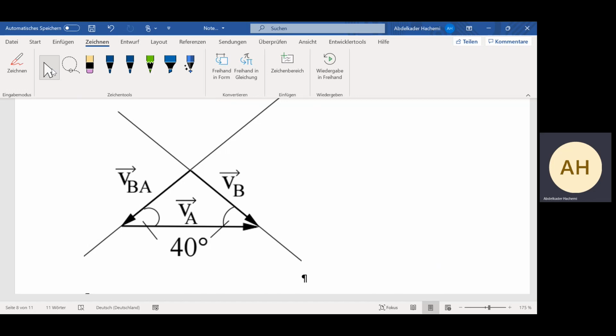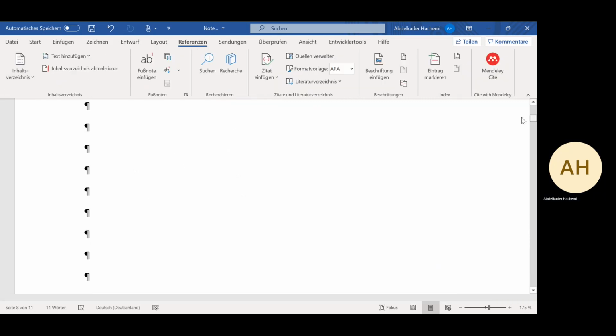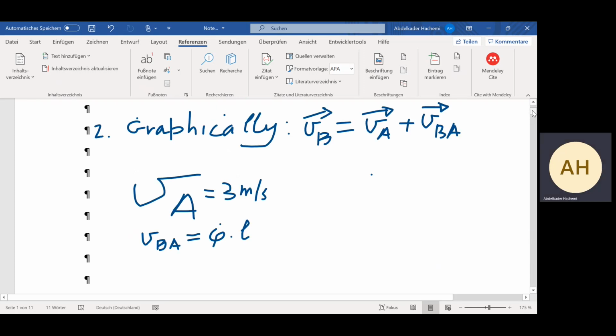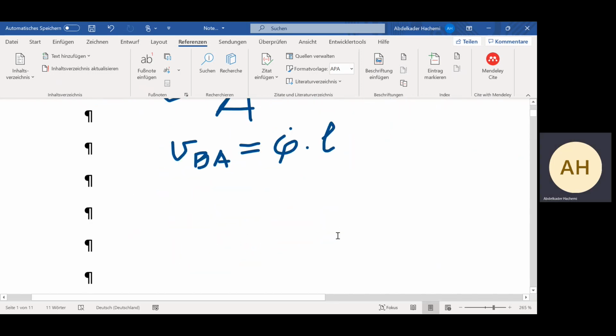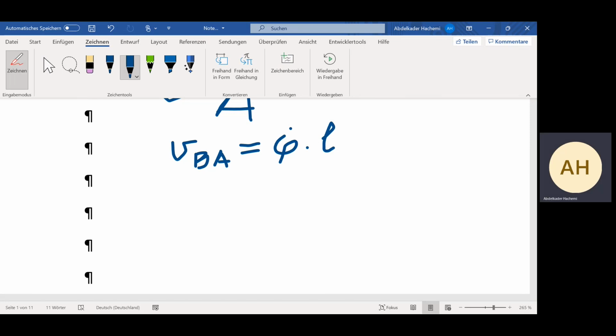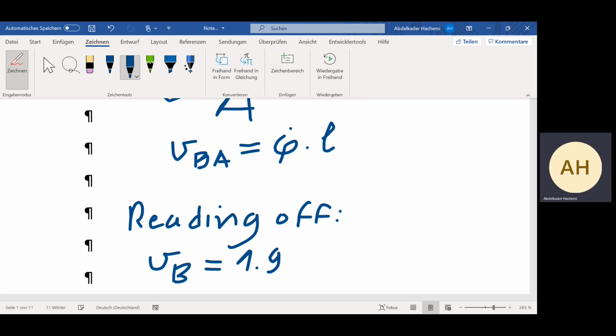If we do so, then we get here, reading off, VB, what we need, it's 1.96 meter per second.